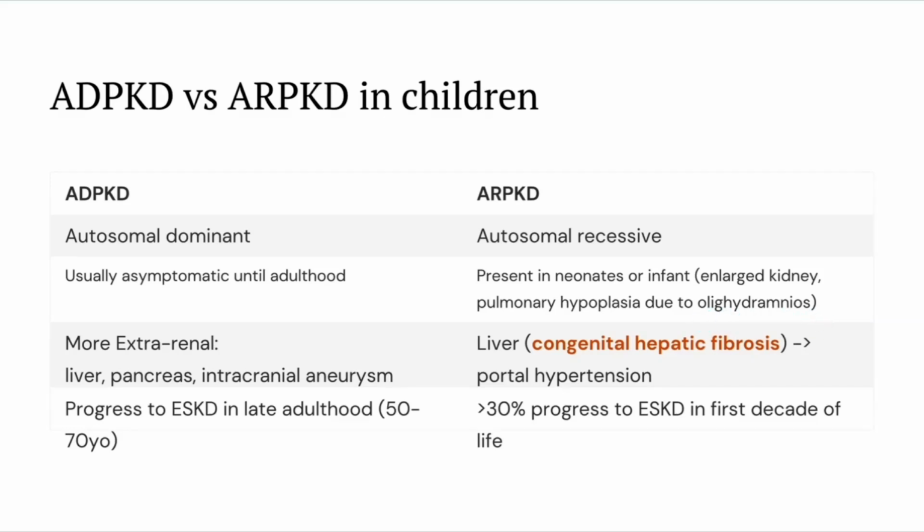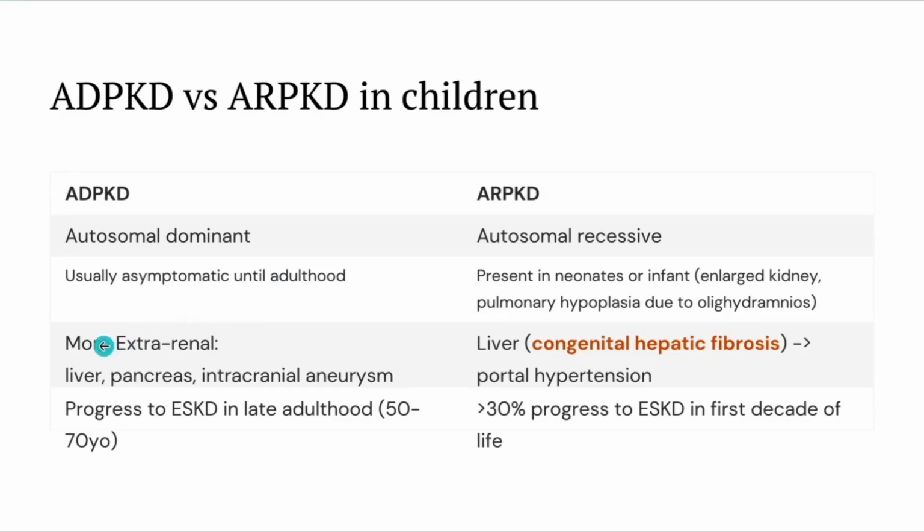And the baby's lung development actually depends on how much amniotic fluid they have. So if you do not have enough amniotic fluid, it can lead to pulmonary hypoplasia, or underdevelopment of the lung. Therefore, this baby sometimes can have a severe lung condition or respiratory distress after they are born.